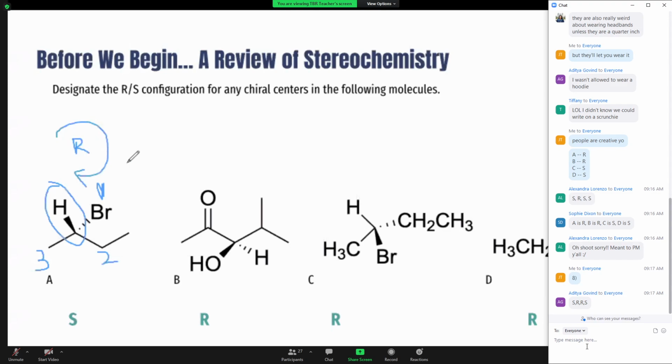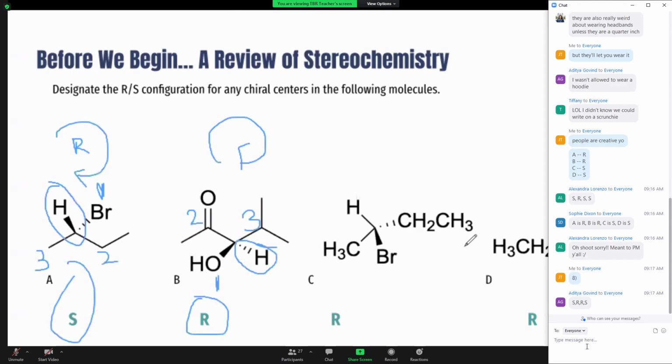So it looks like R, but it is actually S. Easy enough. This one, 1, 2, 3. So for this one, the hydrogen is going into the page. So we don't need to do any switch of the configuration, and it's going clockwise. So that is R.